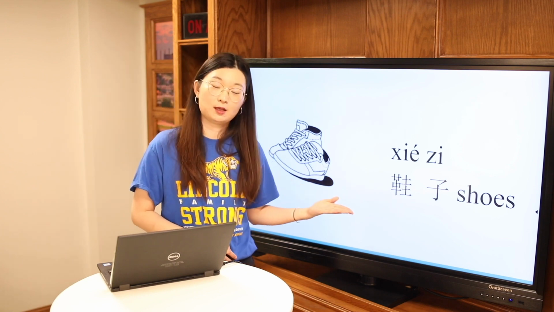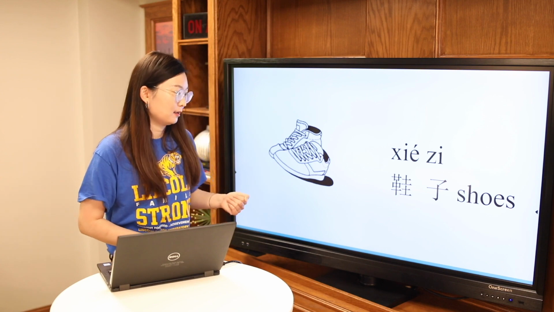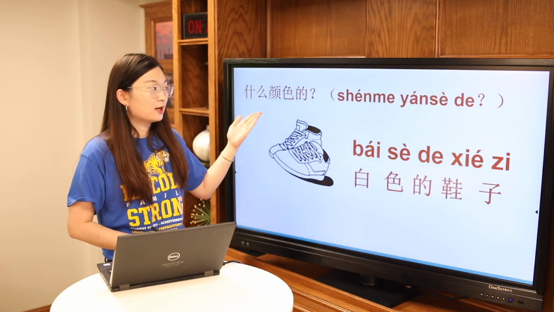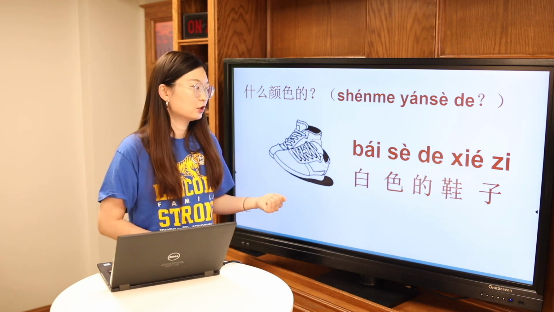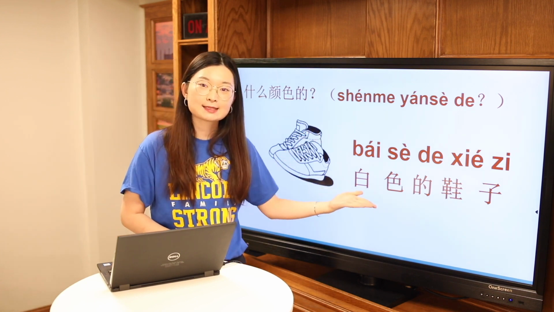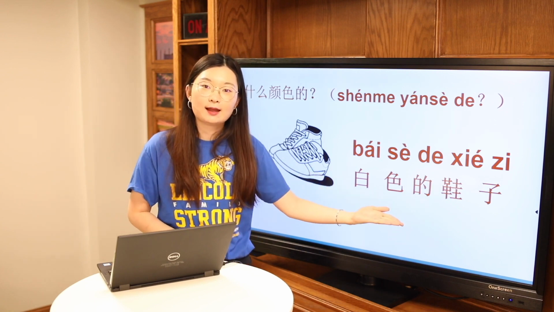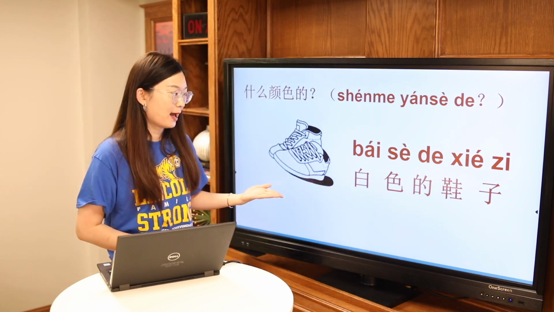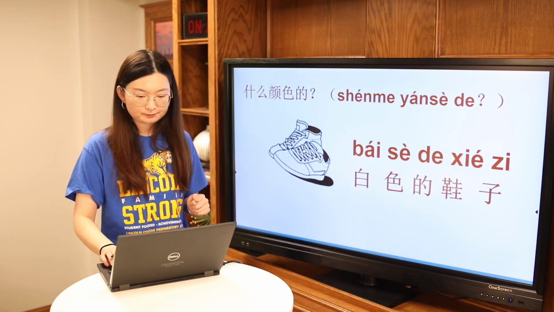All kinds of shoes can be called 鞋子。Okay? And 这是什么颜色的？这是白色的鞋子。白色的鞋子, a pair of white shoes.